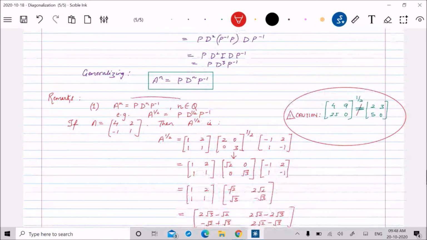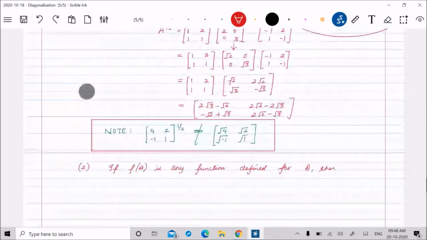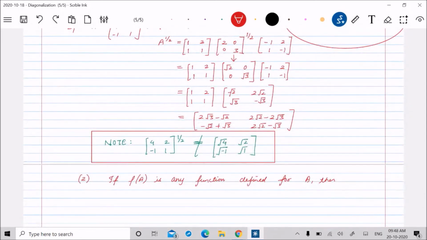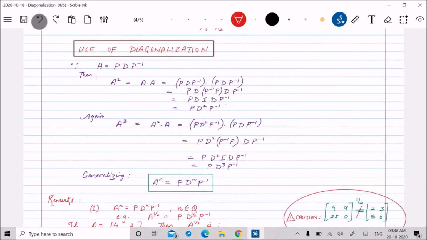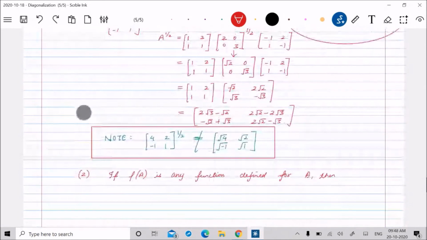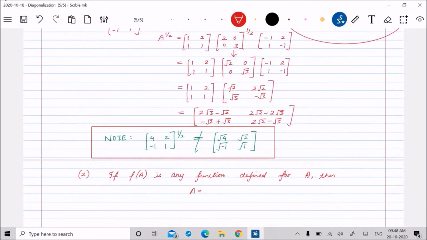Again, I am copying this beautiful equation, this one, A equals P D P inverse.